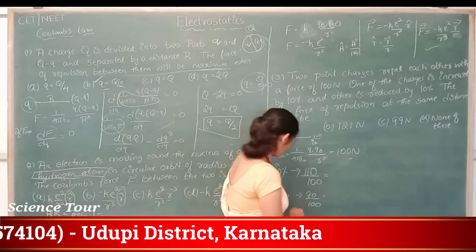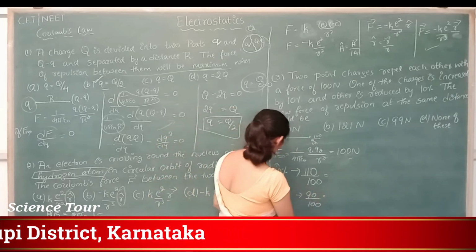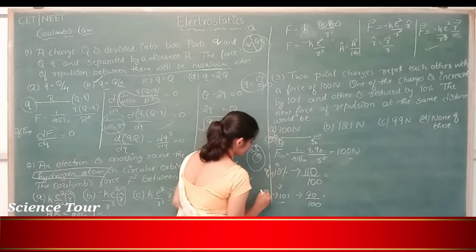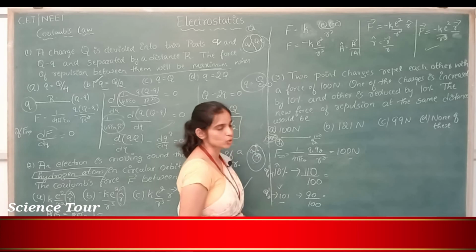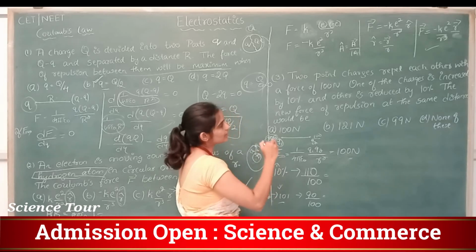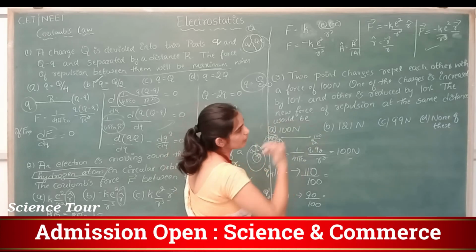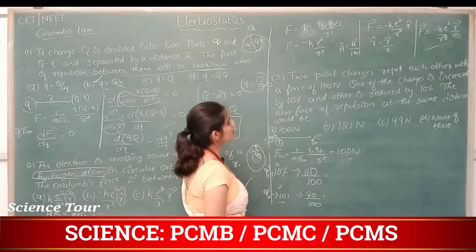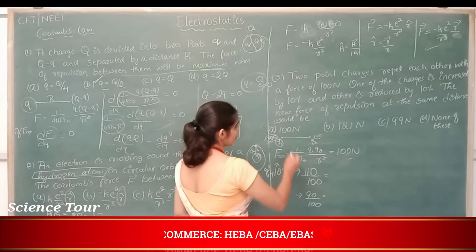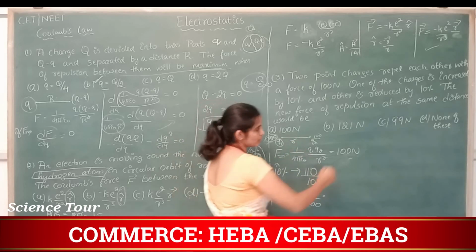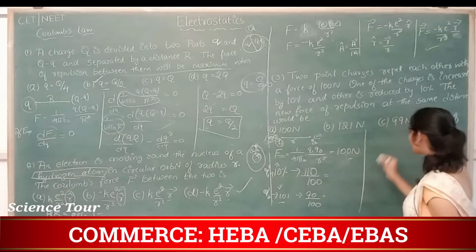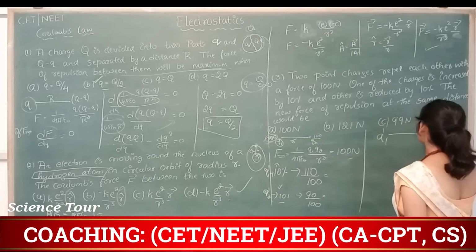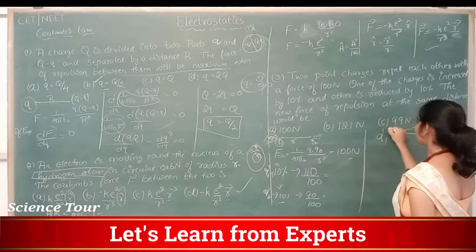Okay. Now this is the new charge of Q1 and Q2. This is Q1 dash, this is Q2 dash, the new charges. So they are asking, one charge increased and the other reduced by 10%, the new force of repulsion at the same distance would be? Now what is the new force of repulsion? Q1 dash, Q2 dash, the distance is the same.